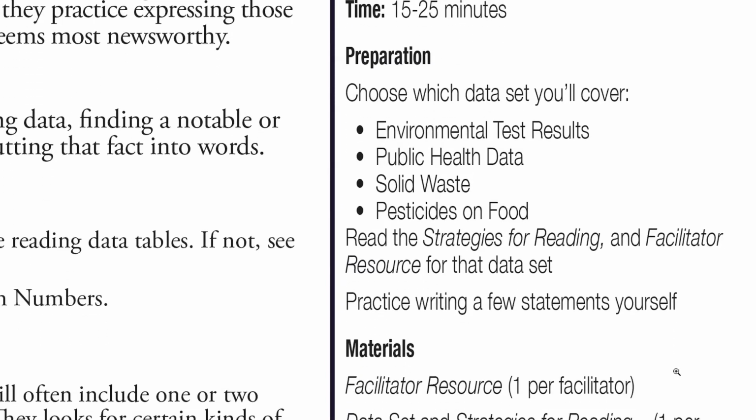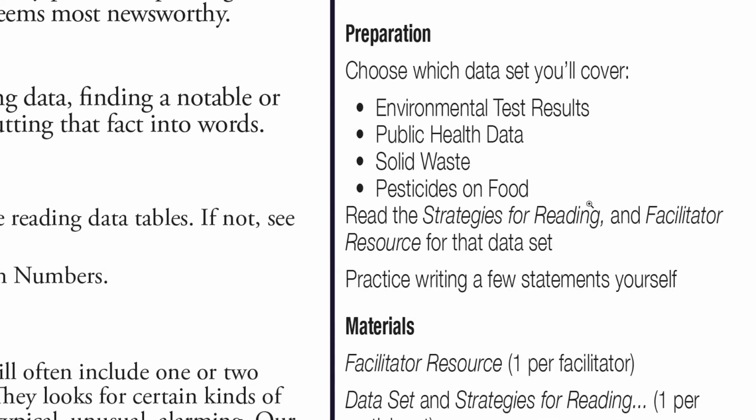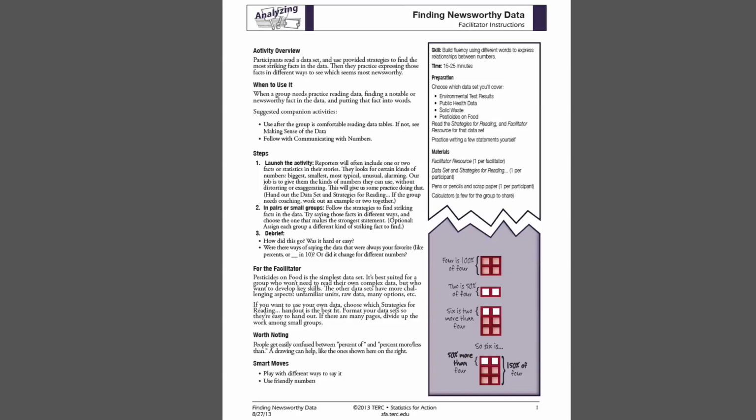The important thing here is to see that there are actually 4 different versions of the same activity. All the instructions and prep for each version are the same, but you choose which version is closest to your own community's situation. We'll see what these different versions look like in just a minute.